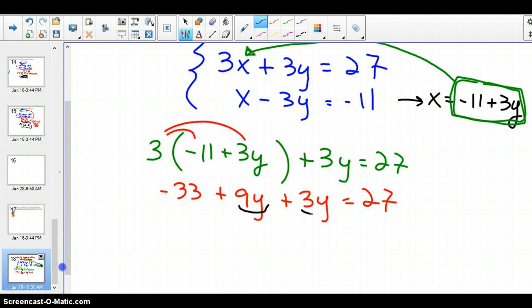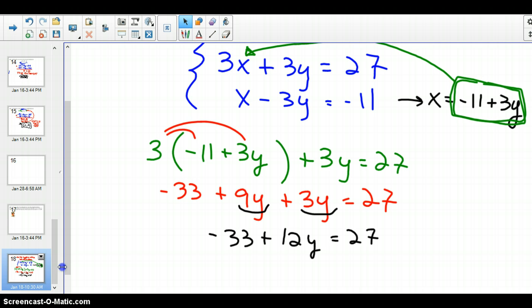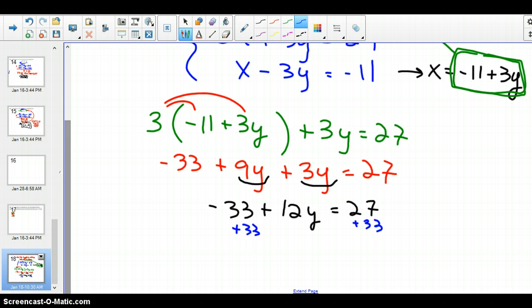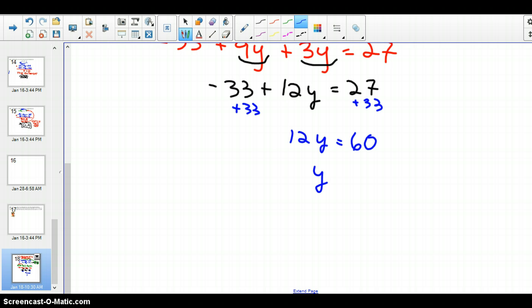Both of these are y terms, so I can combine those to get negative 33 plus 12y equals 27. Trying to get y by itself, I can add 33 to both sides. When I do that, I get 12y equals 60, which means y is equal to 5.